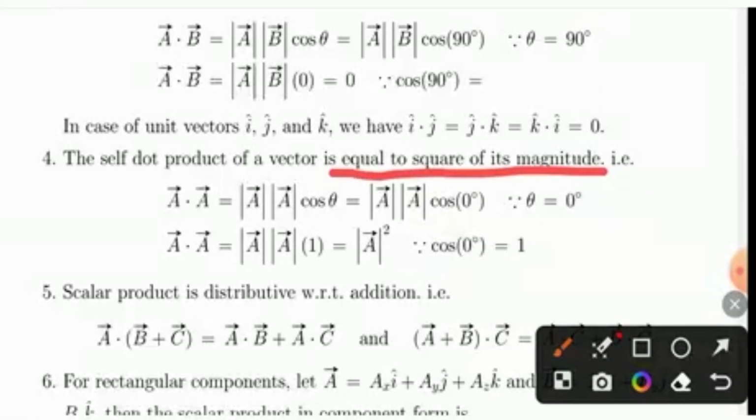And the fifth property is that the scalar product is distributive with respect to addition.